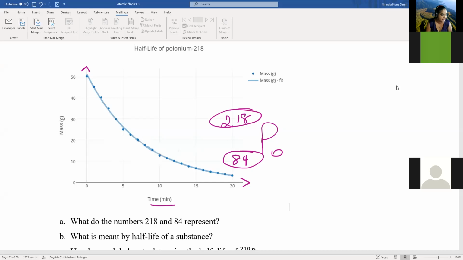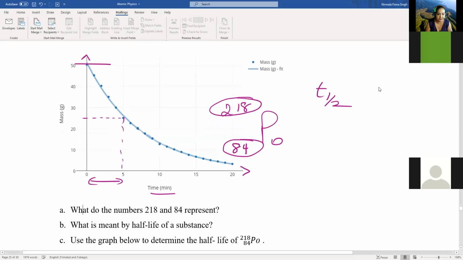Here we are starting with 50. What is half of 50? We're going to get 25, or close to 25. Our first half-life is the time taken to reduce by half, so you're going to get 5 minutes as your half-life. If we want, we could take another value and see how long it takes to decrease to half of that.